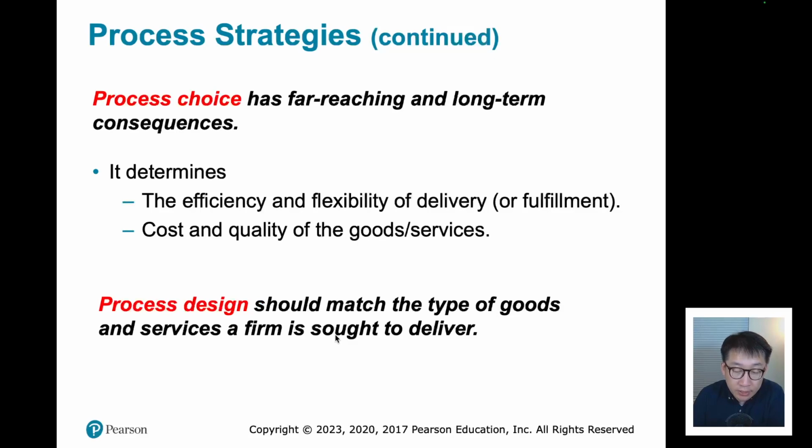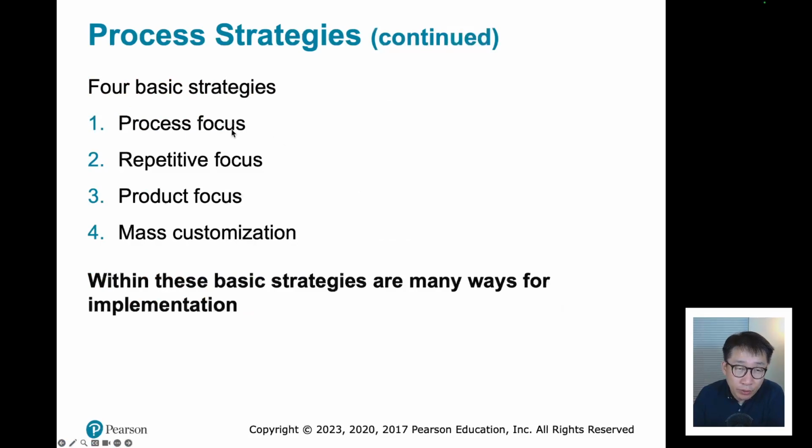We're going to take this into the process and product matrix. So essentially you'll be studying 4 different types of process strategies or 4 different types of process designs. First is process focus, repetitive focus, product focus, and mass customization.